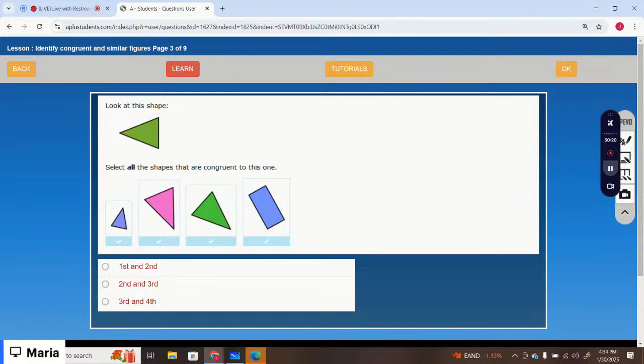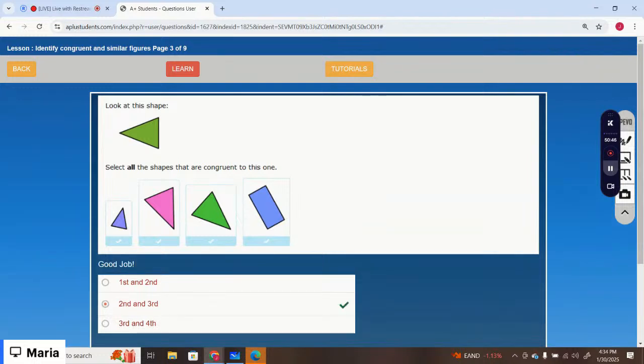Look at this shape. The correct option is second and third. Option number 2 is the correct option.